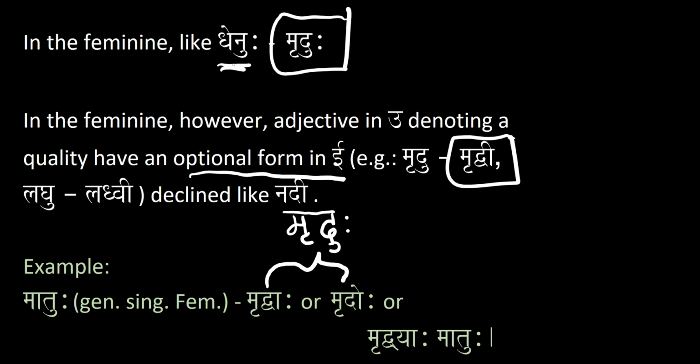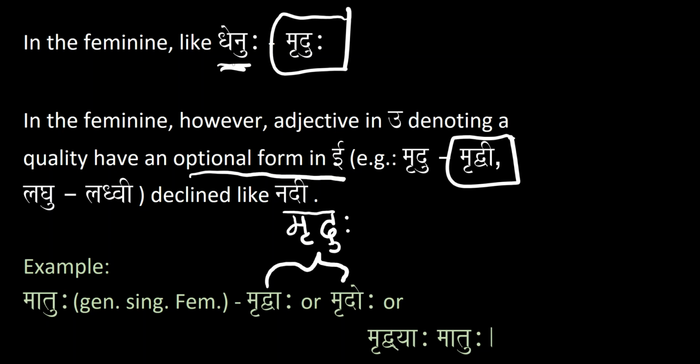When you are declining a noun like dhenu in the genitive singular case, you have two options: dhenwaha and dhenohu.